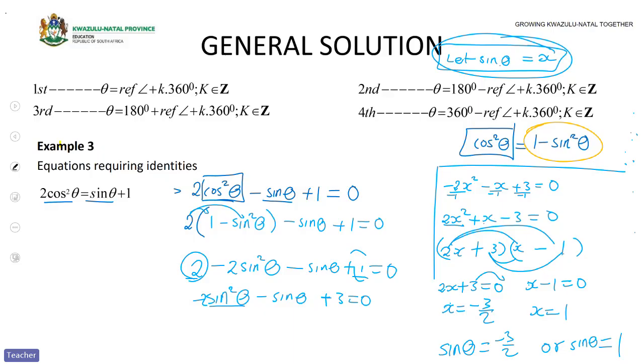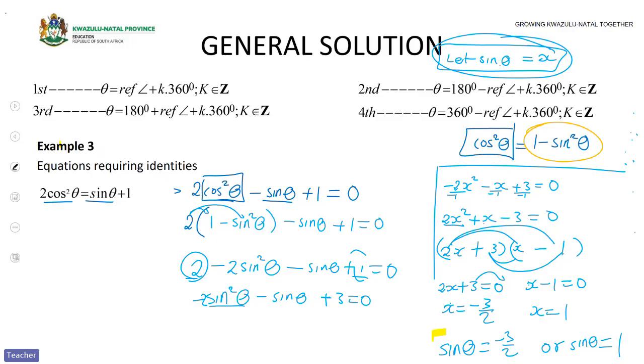But we can try. Let us check it together. You can put it in your calculator: shift, then sine, then 3 over 2. It should be a math error. It's going to be undefined.